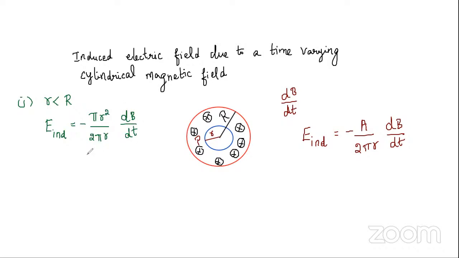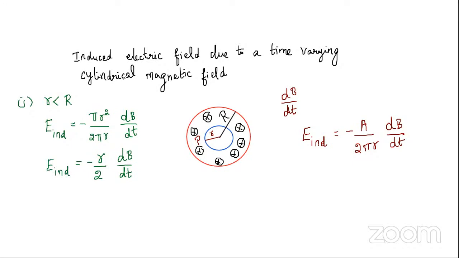So when you simplify this, you will be getting minus r by 2 into dB by dt. This is your expression for the induced electric field due to the cylindrical magnetic field.